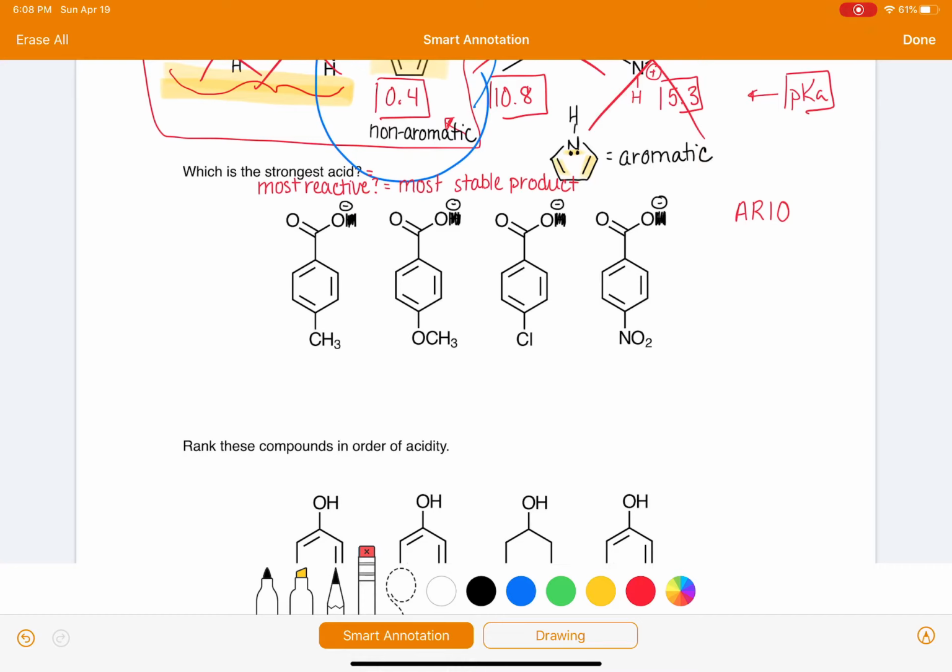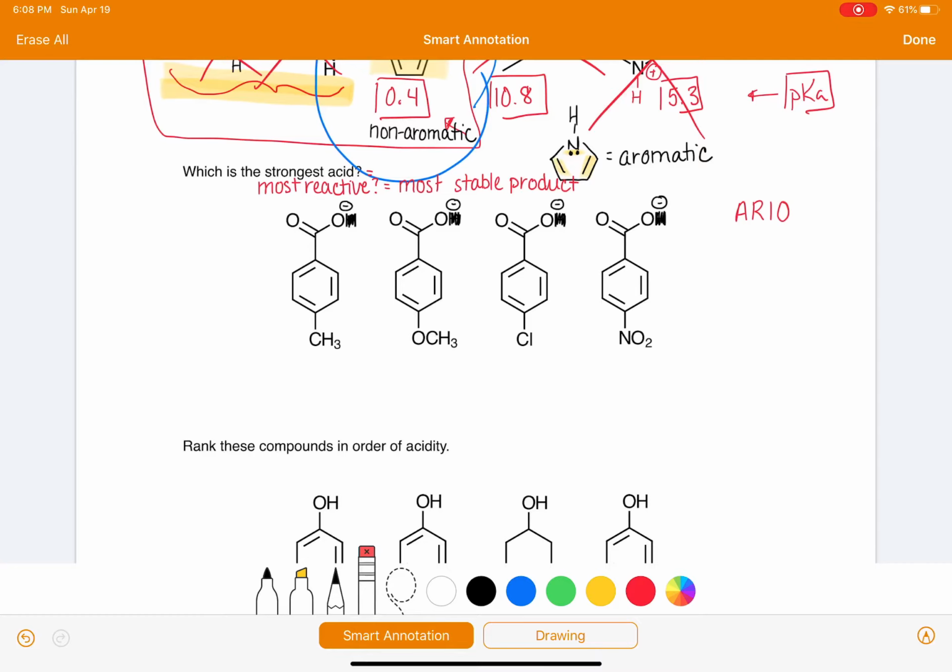Now, as you're looking at these structures, they may give you flashbacks to the end of winter quarter when we were learning all the different reactions of aromatic compounds: ortho-para directing, meta-directing, activating, deactivating, because these are substituted benzene rings.